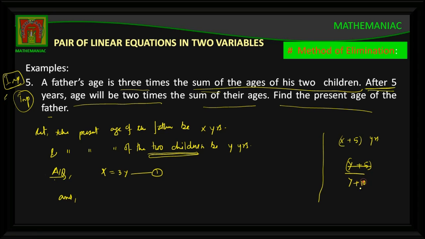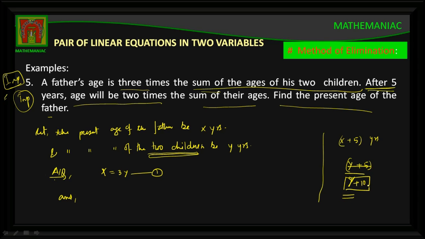We have to add 10, because if you're talking about the age after 5 years, don't you think both the children will grow up by 5 years each? So what will be added to their ages when you calculate after 5 years? Obviously 5 each. So the total addend will be 10, right?